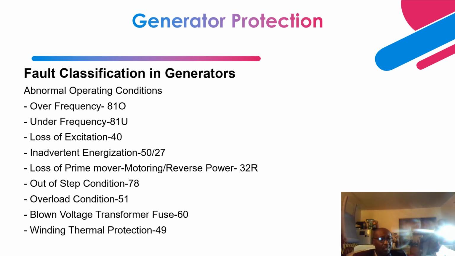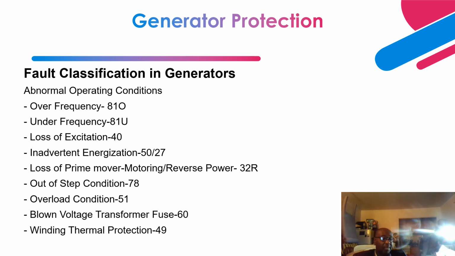A typical example is a generator with a nominal frequency of 60 hertz. The generator and turbine manufacturers can tell you that they will allow an over frequency condition when you reach 61 or 60.5 hertz, and then they put a timing on how long you can go over 60.5 hertz.